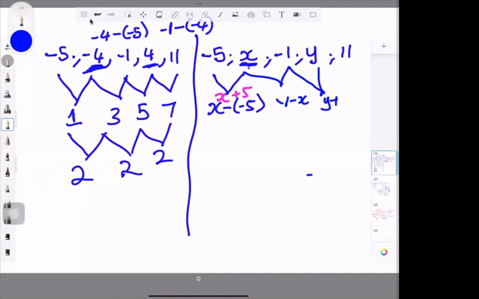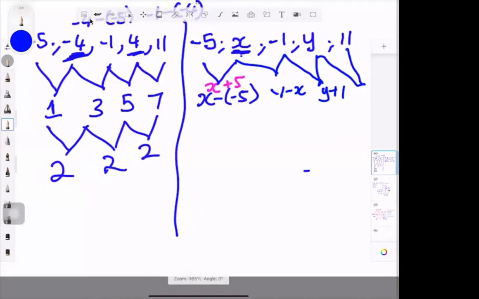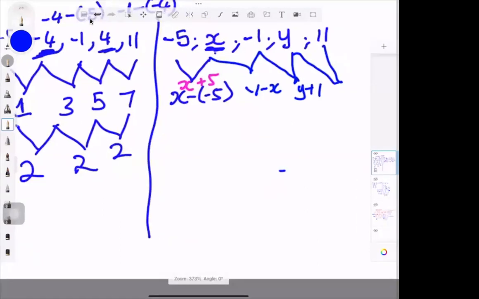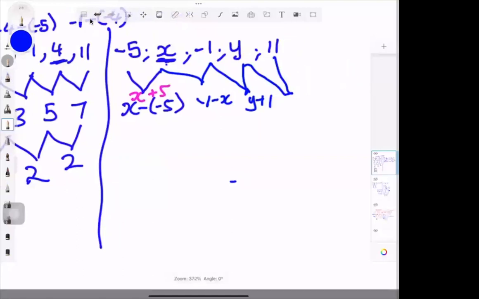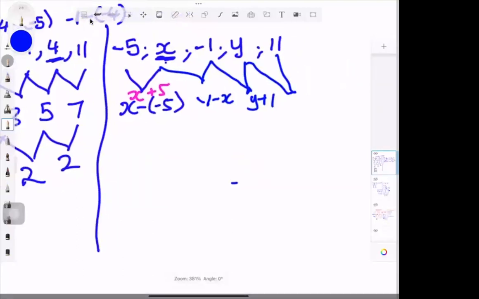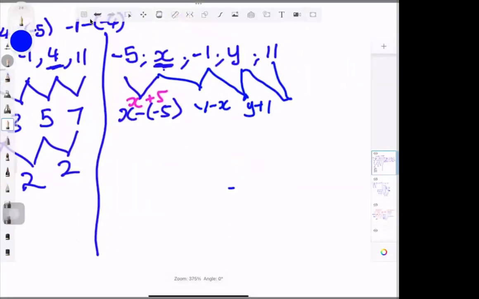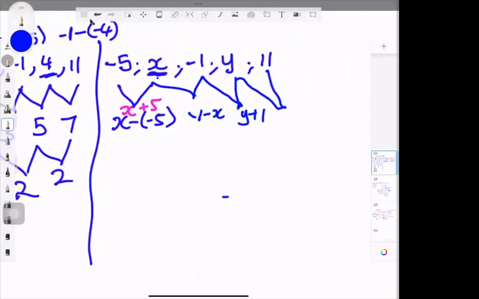And then you're also going to have 11 minus y. Thumbs up if you guys are happy with my first differences of the sequence. Perfect.